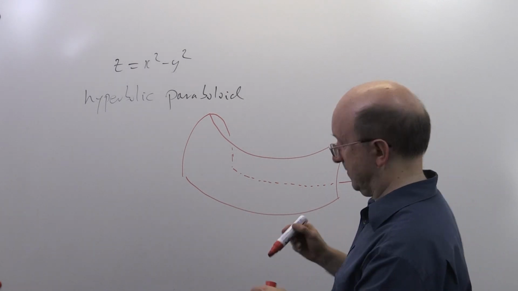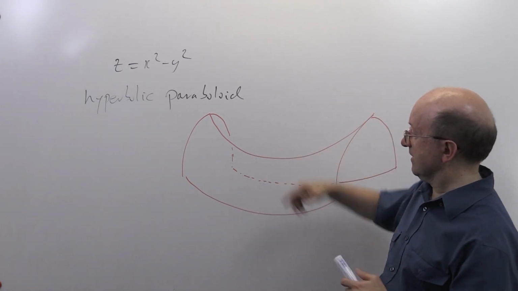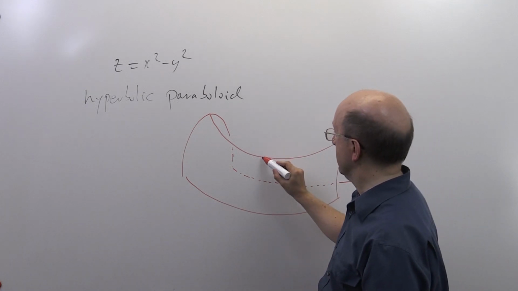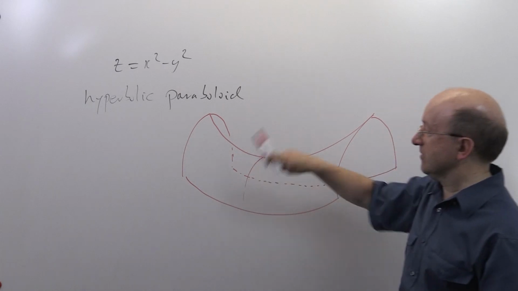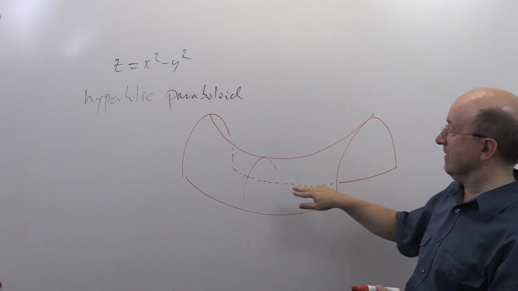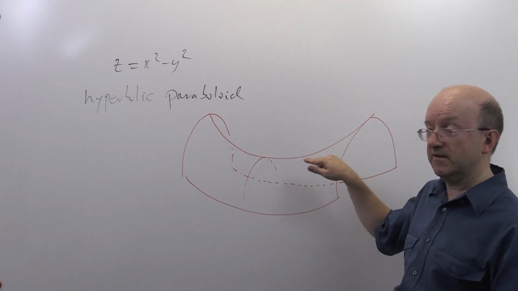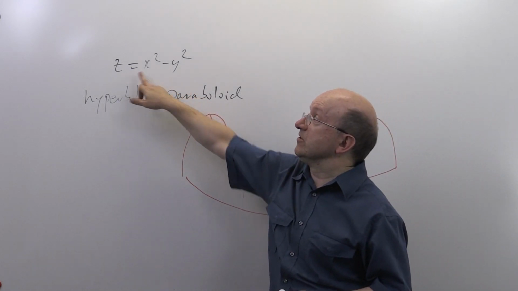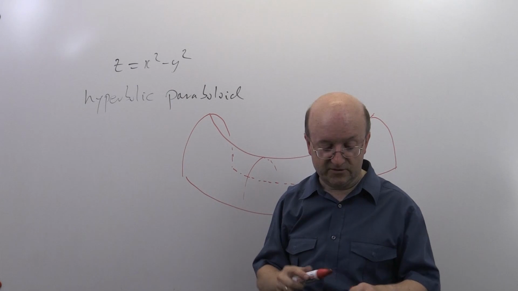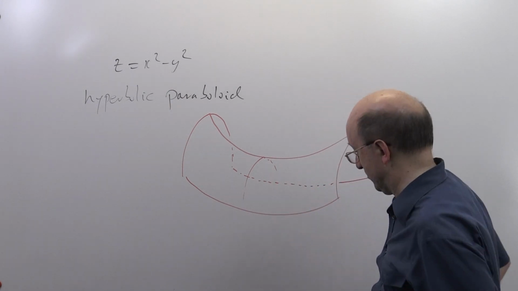Come down here. Okay, so there we've got parabolas going that way and this way, but if you were to slice this with z is some constant, you'd get a hyperbola. So that's why the hyperbolic paraboloid is called what it is.